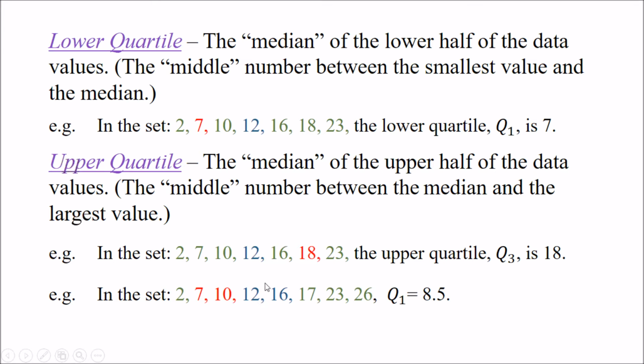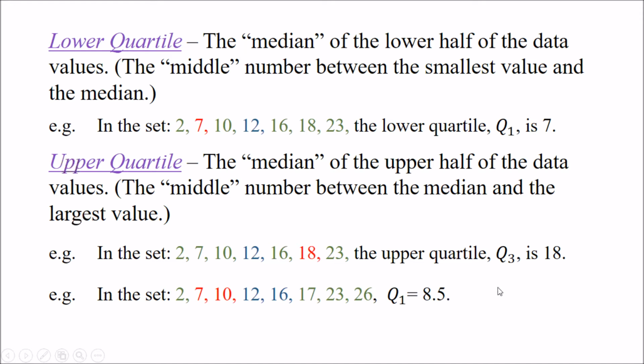But ignore that and now look at the lower half. The lower half now has 4 data values. And again, because that's an even set of numbers, I'm going to take the median of that, which would be halfway between the 7 and the 10, and if I average 7 and 10, the 2 red numbers, I get Q1 equal to 8.5.